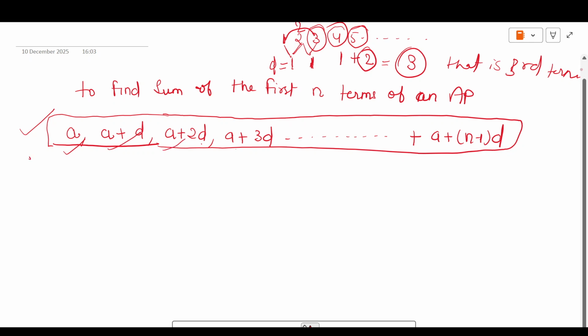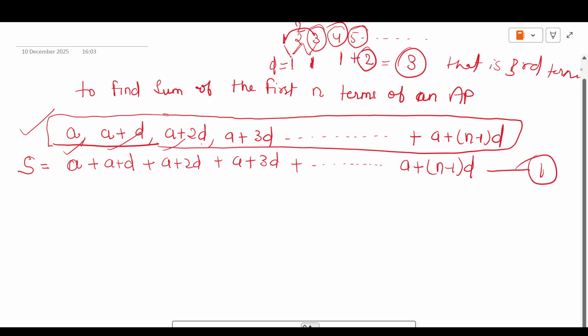Now, let us denote the sum of this sequence as S. So S is A, A plus D, A plus 2D, A plus 3D and so on up to A plus (n minus 1) into D. Call this 1.